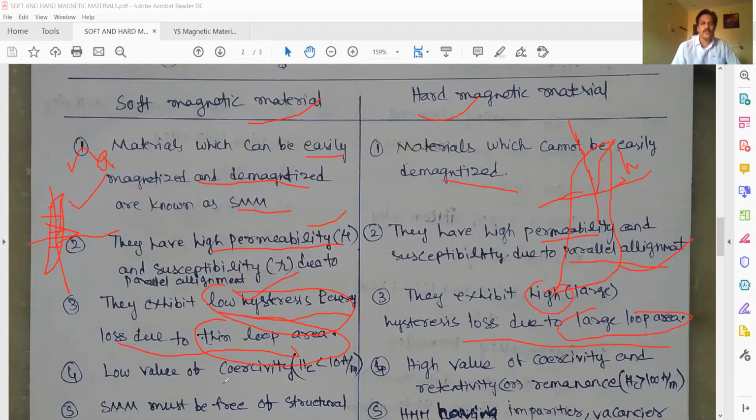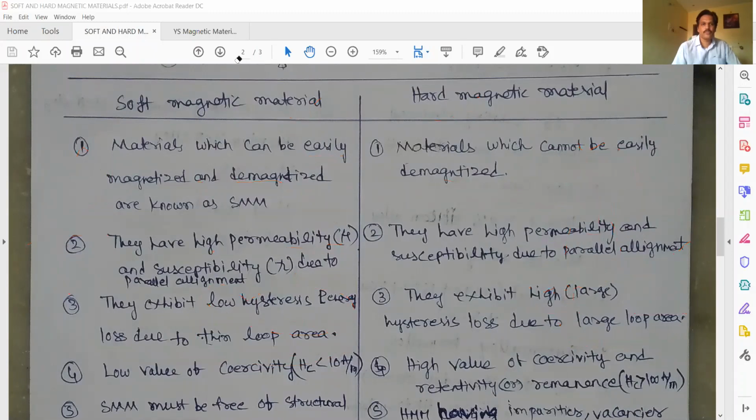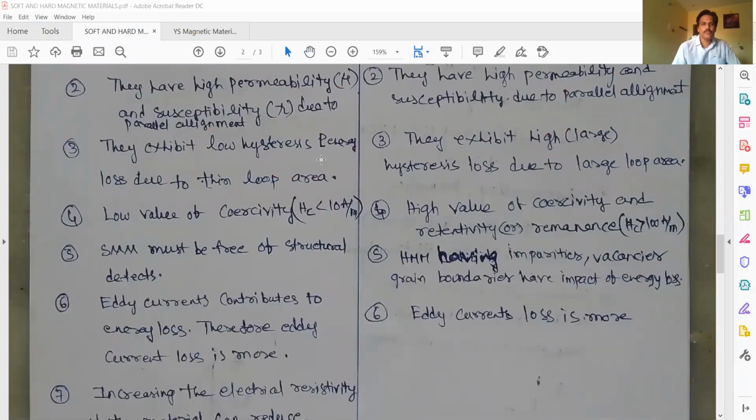And see the coercivity. The coercivity value is also very less for these materials. The fourth difference is coercivity value. What is the meaning of coercivity?